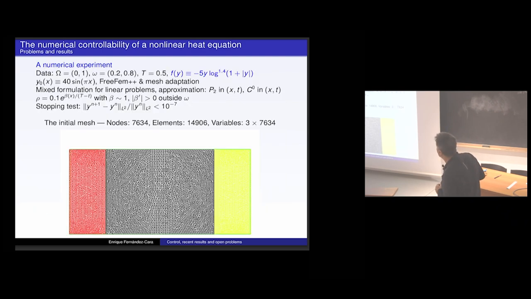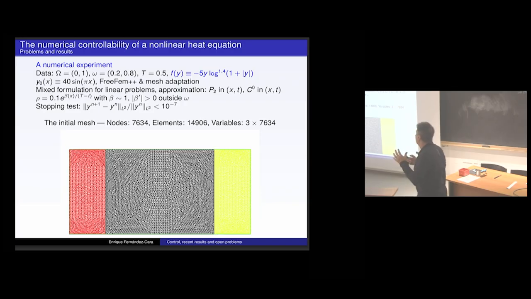The weight function is not given here. The weight function is a function that has to be... Yeah, this is the weight function that I have used here. It's not a unique possible weight function, but this is the function.